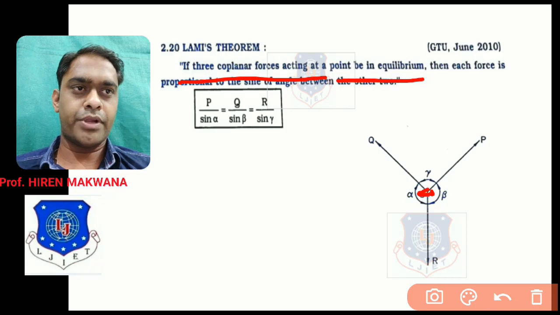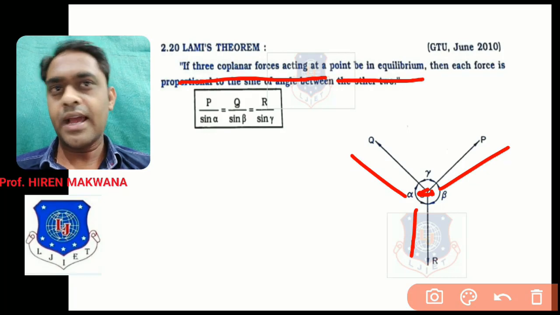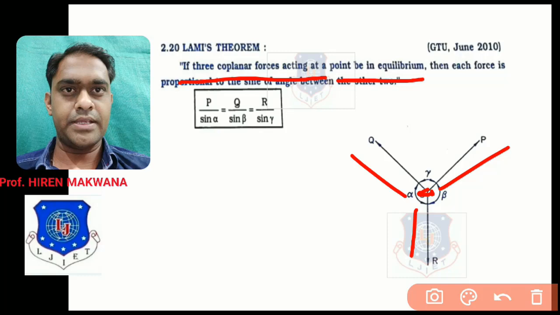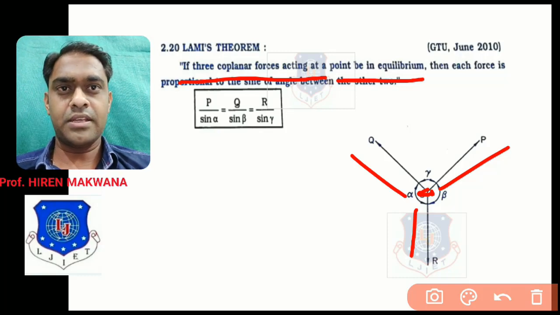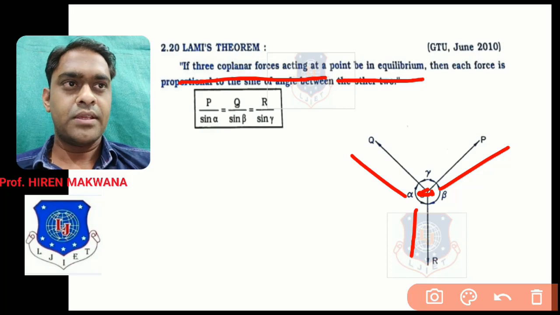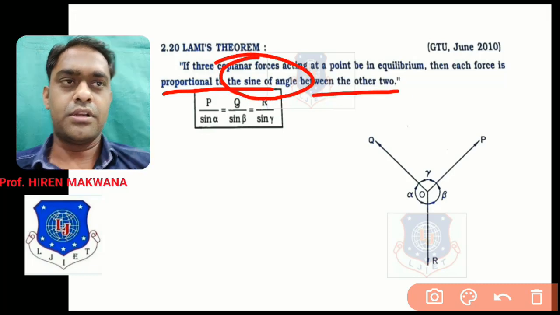Here it is point O. There are three forces acting at point O: P, Q and R. All three are in equilibrium, meaning the resultant of these three forces will be 0. But in this theory we don't have to find the resultant. Then each force is proportional to the sine of the angle between the other two.